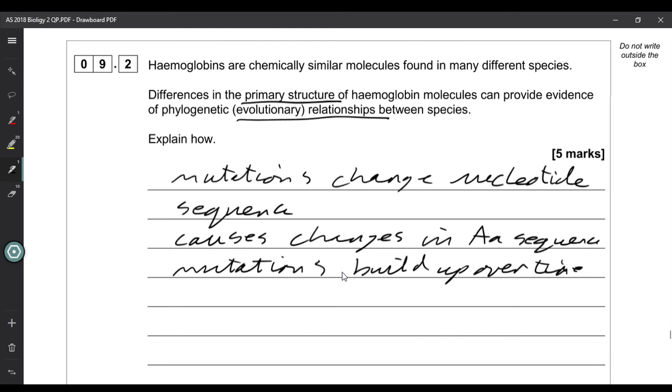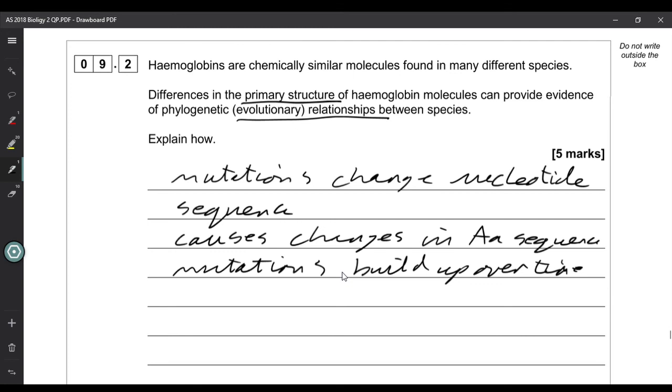So the more differences in the amino acid sequence, then there's more distance between evolutionary related species. So if two species are very closely related and they've got a common ancestor that's quite close to both, then there hasn't been much time for mutations in the nucleotide sequence to build up.